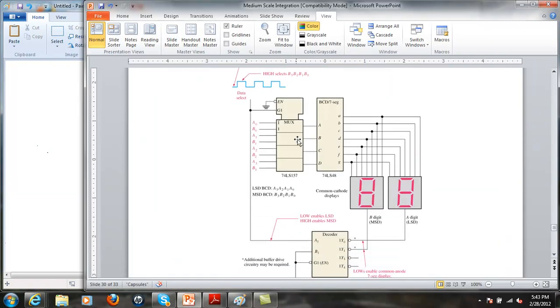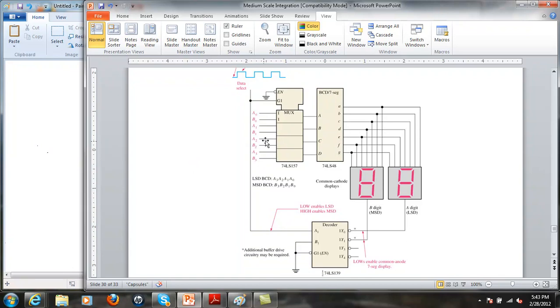Here's an example of using one of those multiplexers with the 7448 decoder that we talked about earlier. And in this particular case, it's selecting one of these 2 digits to go on.